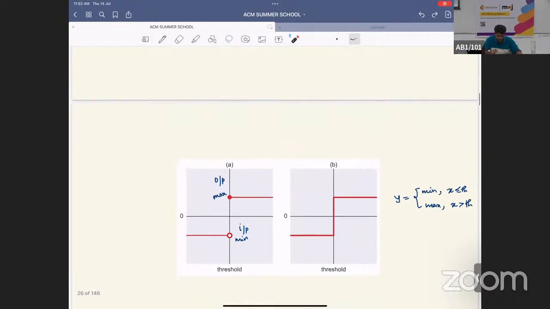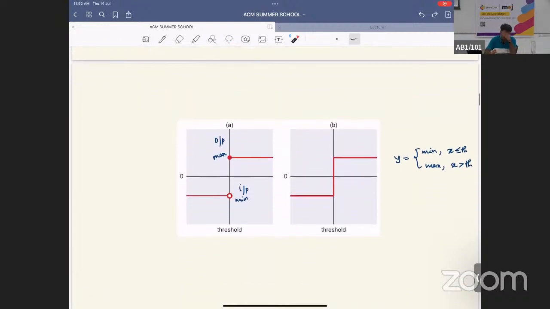Okay. Now let's see some of the nonlinear activation functions. One of the activation functions you can use is this. This is the input axis always, and this is the output axis. So you clamp it. All the positive inputs, you clamp to a maximum value. All the inputs which are negative, you clamp to a negative minimum value.